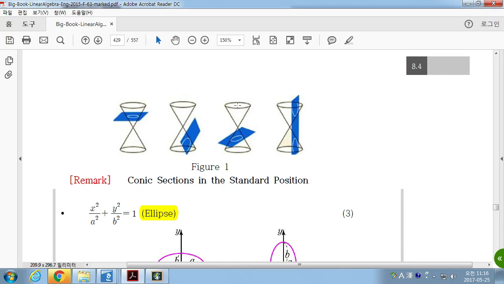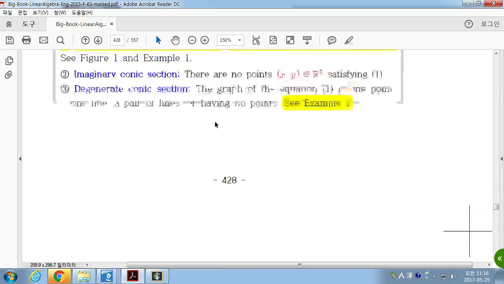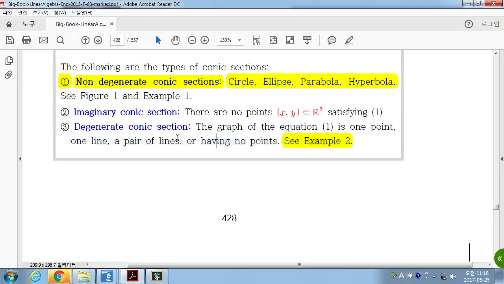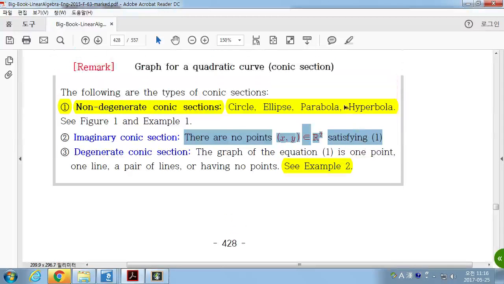So there's a very special case. Actually, these are the cases that you already learned in the high school years. The one point, or just lines, and two lines, so the degenerate case is a very simple case. Next, imaginary conic sections. This is the case where there is no point that satisfies the equation. So this is just imaginary, and you don't have to think about it here.